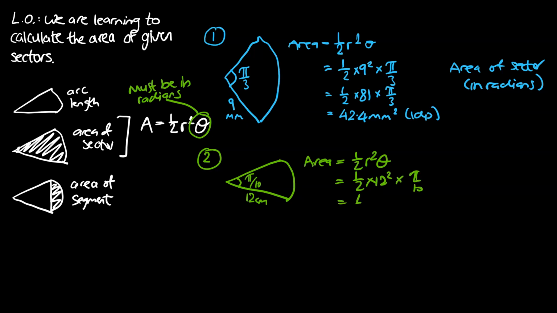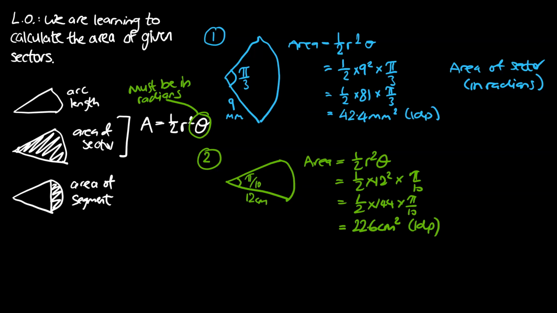So that's 1/2 times 144 times pi over 10. When you do that, you get pi divided by 10 times 144 times 0.5, which gets us to 22.6 centimeters squared. I've rounded that to 1 decimal point again. So hopefully that makes sense.